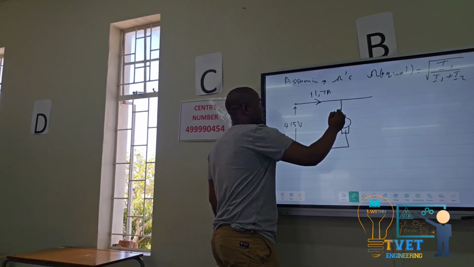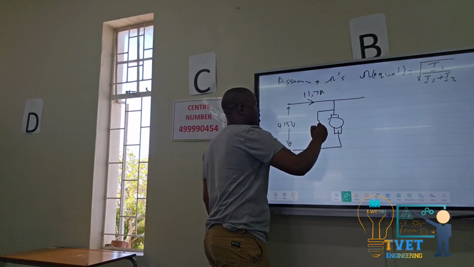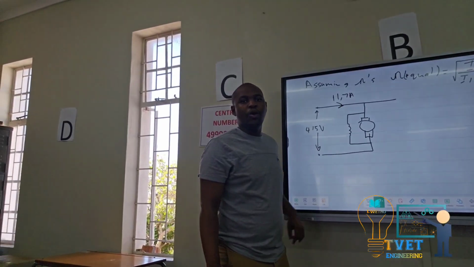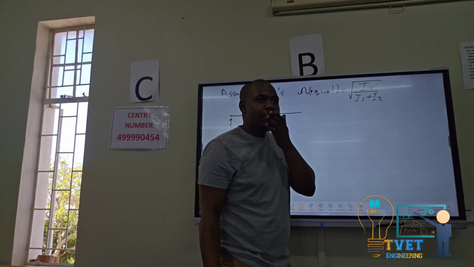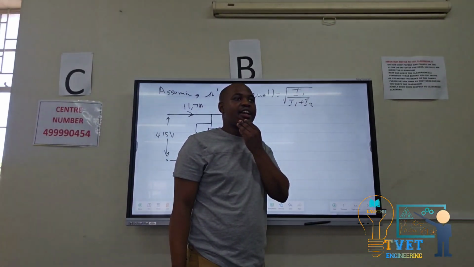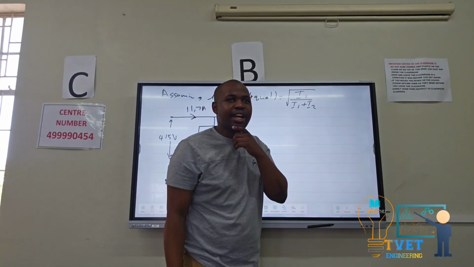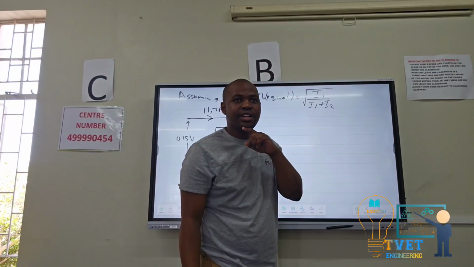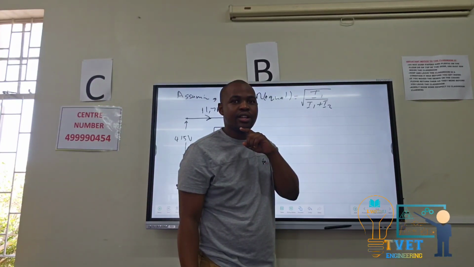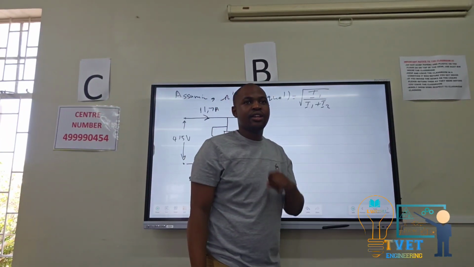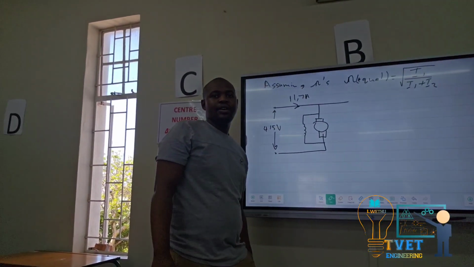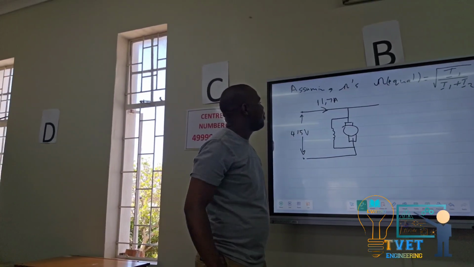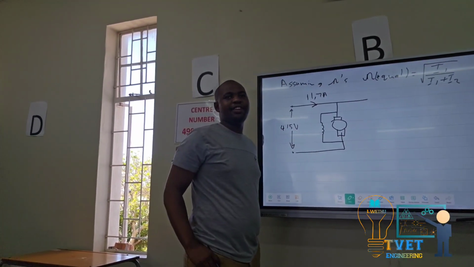Remember it's a shunt motor, so we put a shunt winding. What is the current that is flowing through the field winding?